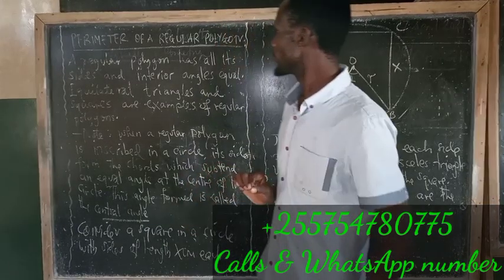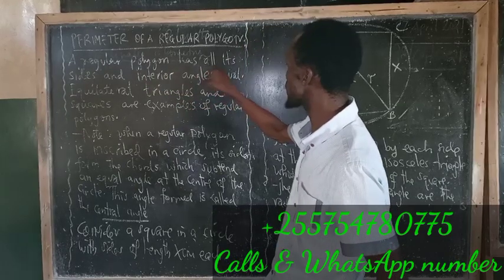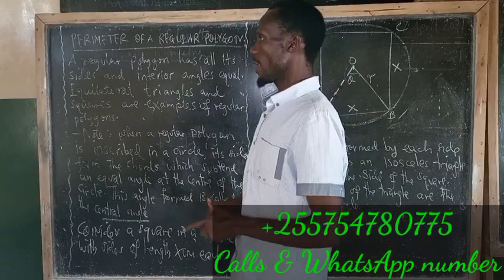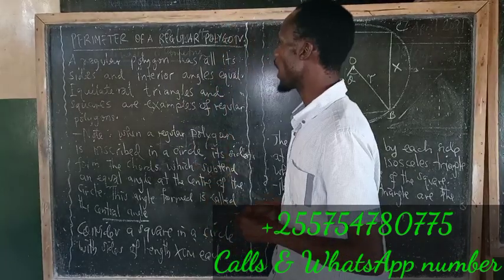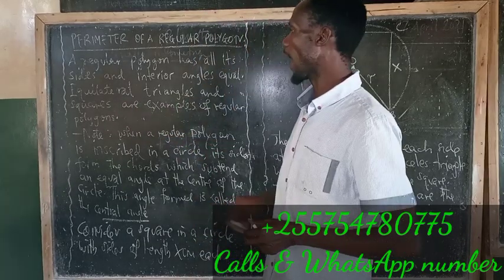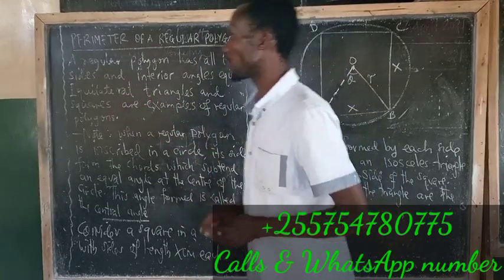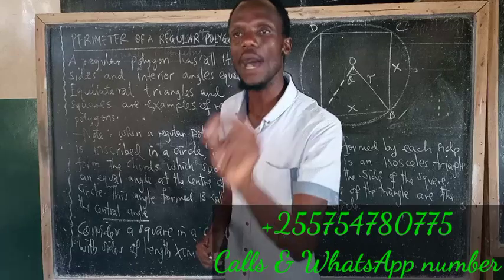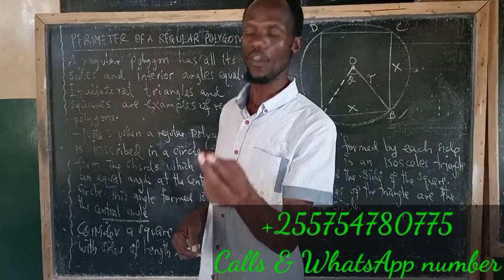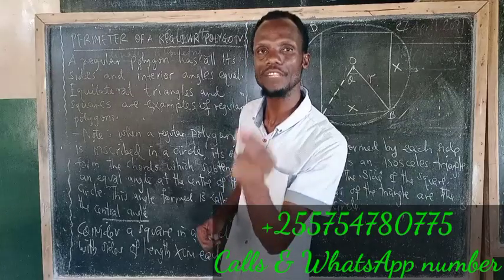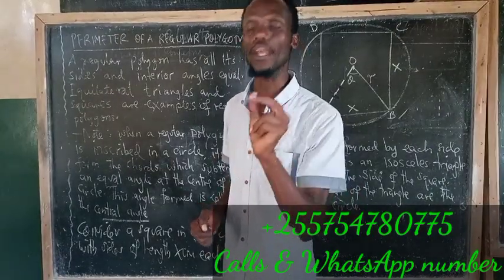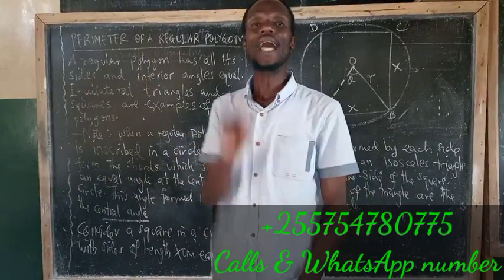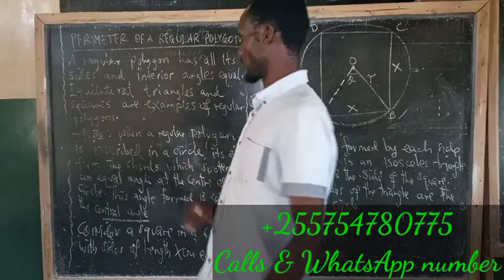Examples of regular polygons are equilateral triangles and squares. An equilateral triangle is a triangle with 3 equal sides and 3 equal interior angles. That is why it is called a regular polygon.